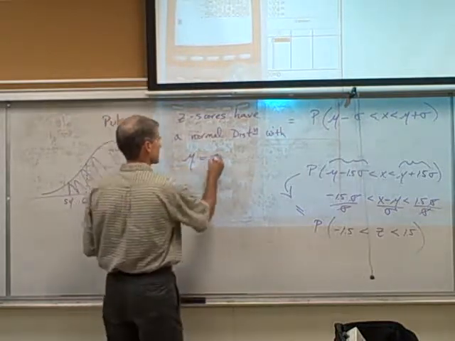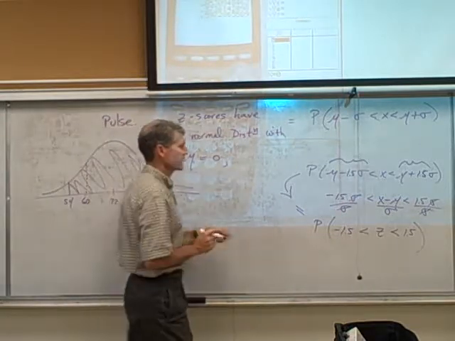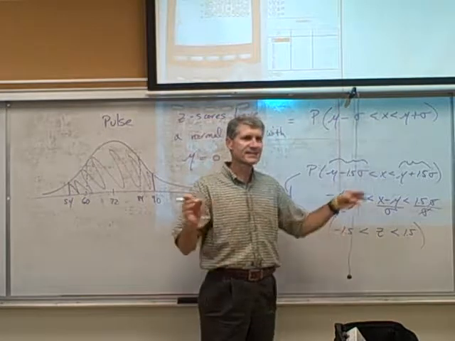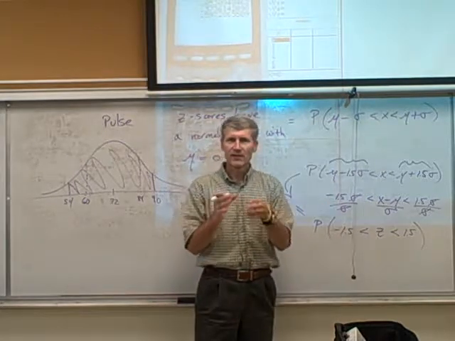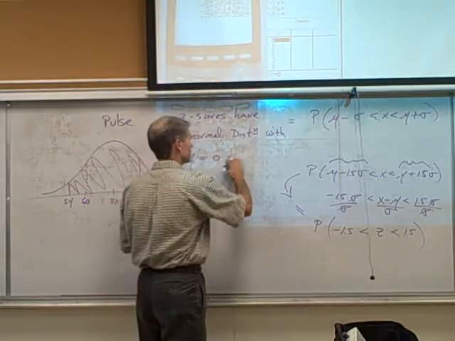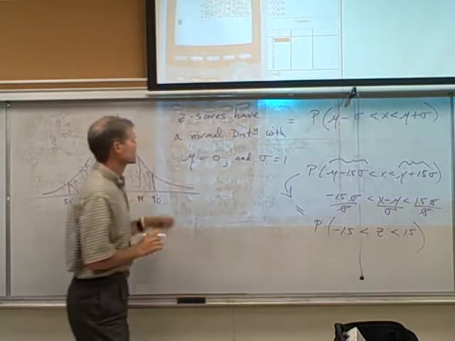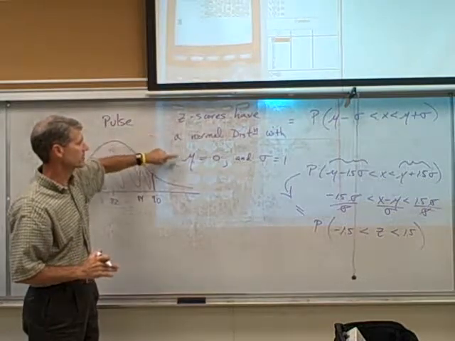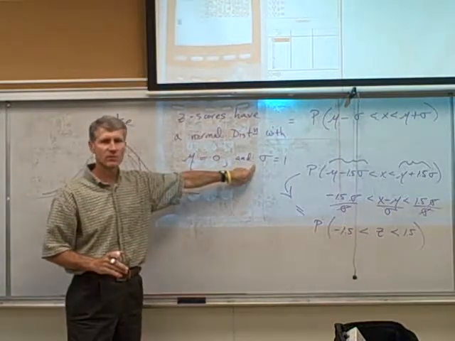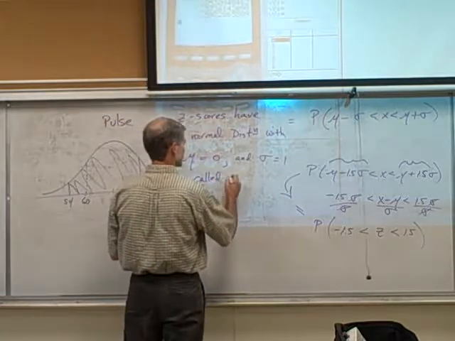And when I divide by the standard deviation, I've rescaled it down to a standard deviation of 1. So z-scores have a normal distribution with a mean of 0 and a standard deviation of 1, and that is called the standard normal distribution.